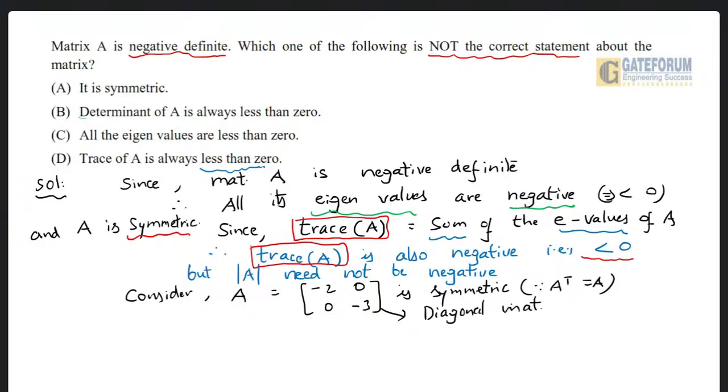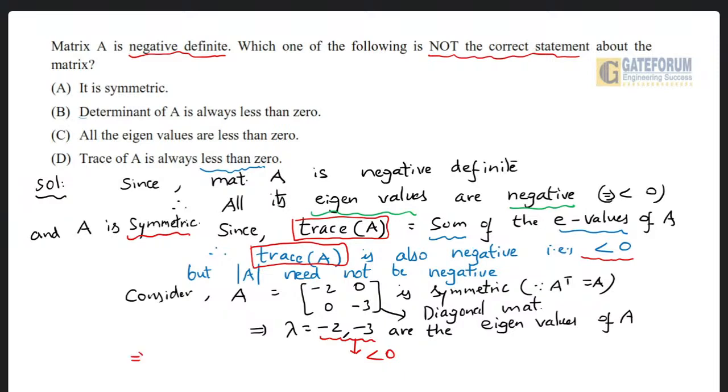What are the eigenvalues of a diagonal matrix? Just the principal diagonal elements. Lambda is equal to minus 2, minus 3 are the eigenvalues of A. These two are less than 0. Sum of these two eigenvalues, minus 2 plus minus 3, is minus 5, less than 0.